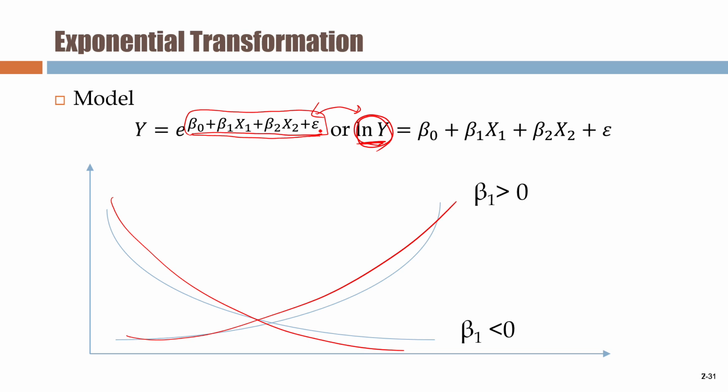Again, there's no clear rule for which transformation we should use. I'm just trying to tell you this is a possible method and that is a possible method. We cannot clearly say that one transformation is better than the other, unless we have some clear target.